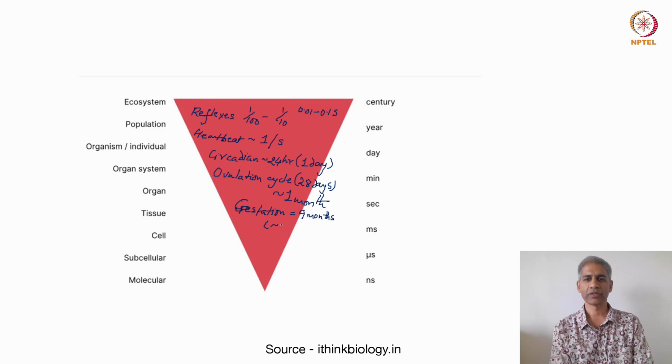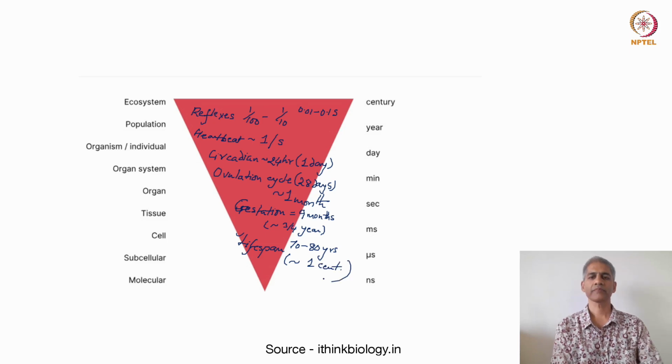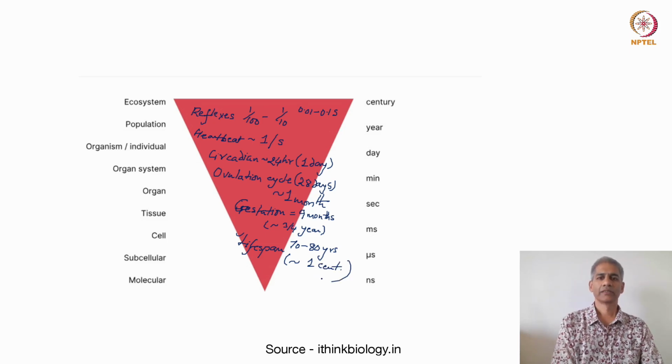And we can say it's 3/4 of a year. You have a human lifespan. So between 70 to 80 years. So you could say, okay, it's approximately 1 century. Right. So I was able to construct a very simple temporal scale for humans.